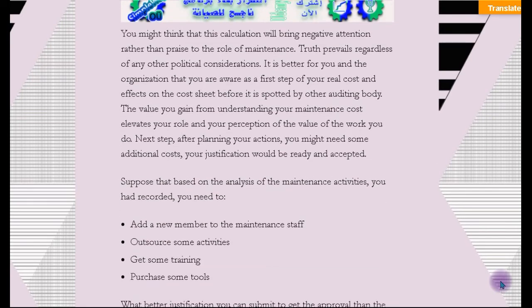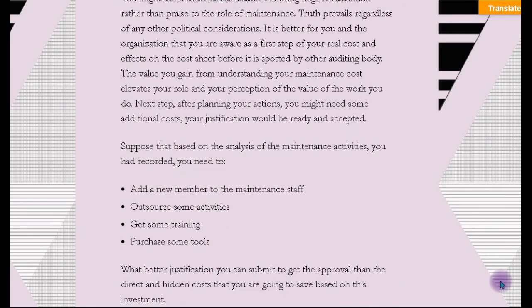No, don't look at it in this way. Anyhow, truth will prevail, and maybe some new manager who understands these concepts, or some auditing body, will come to the organization and say that the actual cost of the maintenance is this amount. Maybe if now the organization doesn't understand this concept, after a few months, after a few years, it will understand this concept, and then you need to be ready.